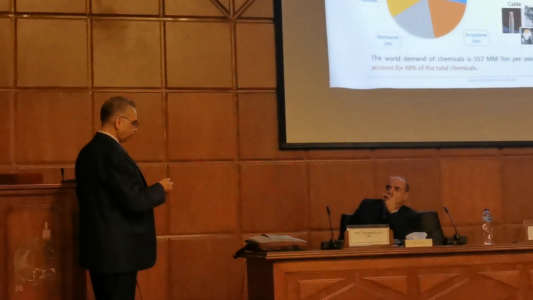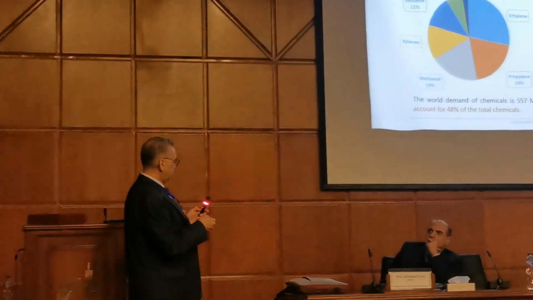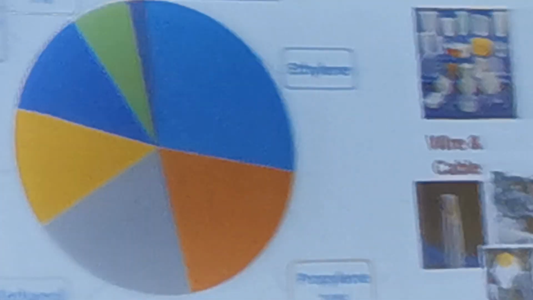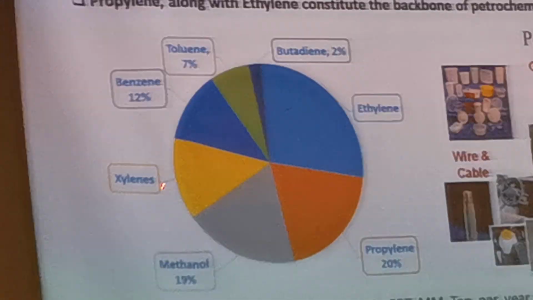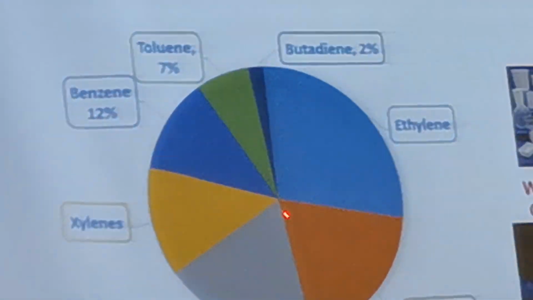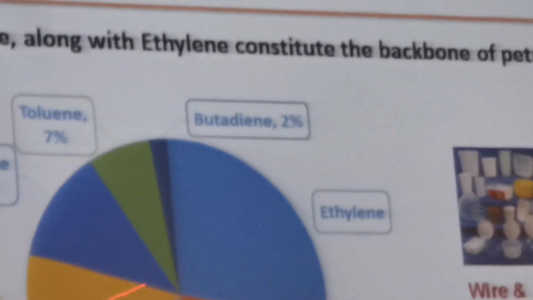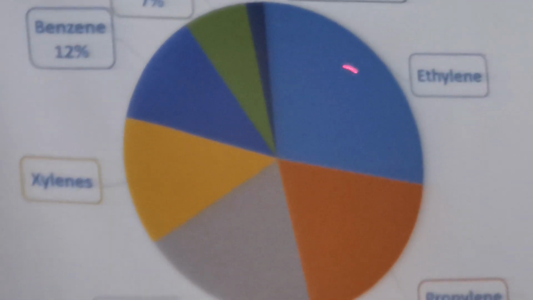As I mentioned, propylene along with ethylene constitutes the backbone of the petrochemicals. Look at this pie: ethylene represents a huge number of the important products coming from the petrochemicals. Here, all the chemicals, which are called petrochemicals, come from petroleum.